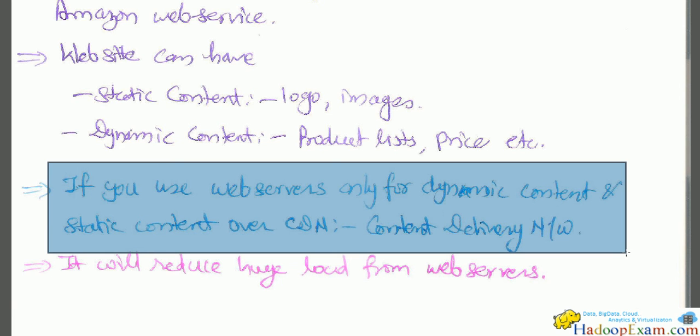So store dynamic content in RDBMS-like solutions, and store static content in Amazon S3, and using the content delivery network you can get this data very easily. It will reduce the huge load on web servers because you have segregated both things. The web server is now responsible only for delivering the HTML content.